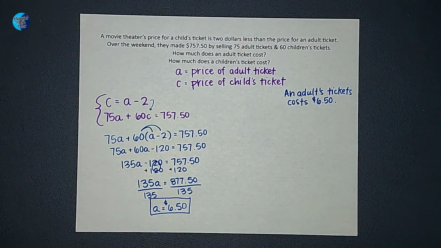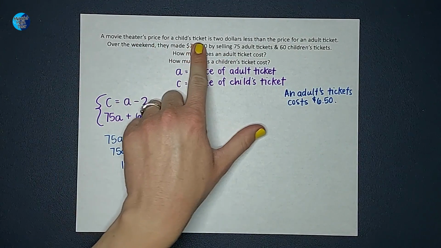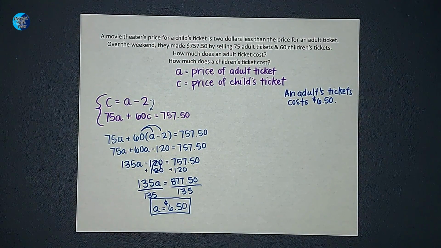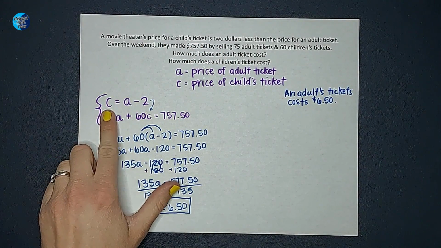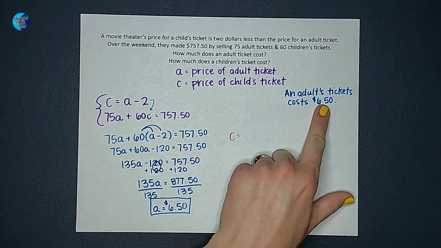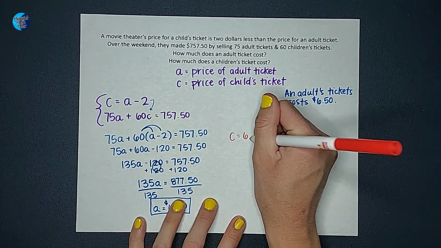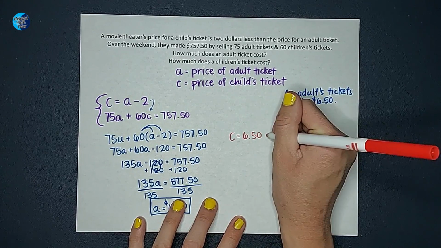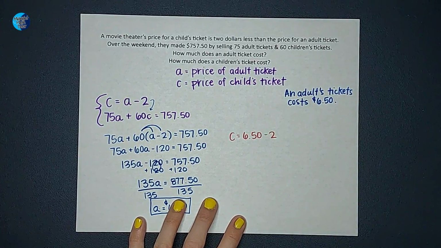Well, now that I know how much an adult ticket costs, it is really easy to figure out how much a child's ticket costs, because I know that a child's ticket is $2 less. So I'm just plugging it in right here. So a child's ticket is equal to the adult's ticket, $6.50 minus 2.